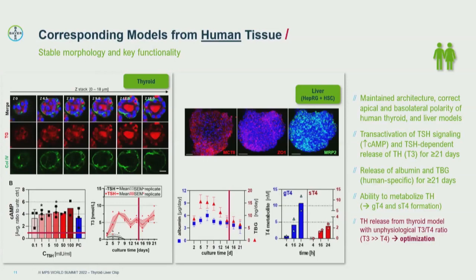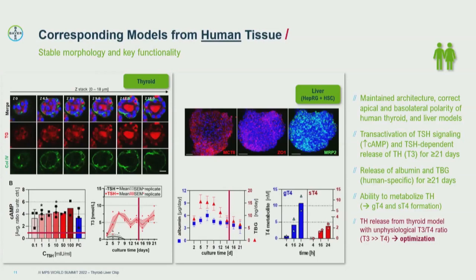We also saw a cAMP increase and the release of thyroid hormone. But to our surprise, we observed a predominant release of T3 and not T4, and T4 is the physiologically predominant form, and here in our model it is T3, but still we saw a nice and stable stimulation and release.